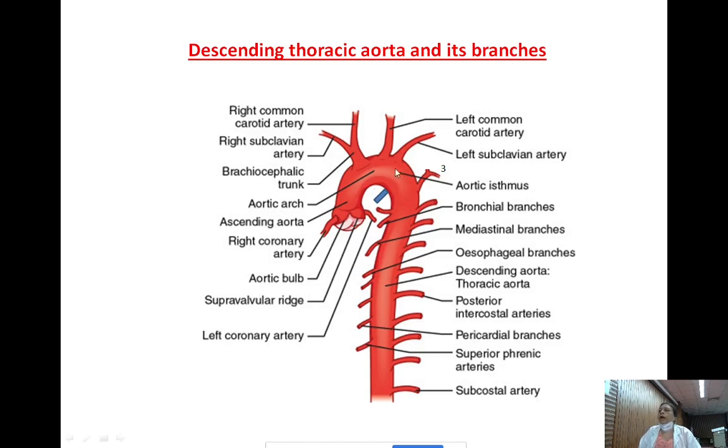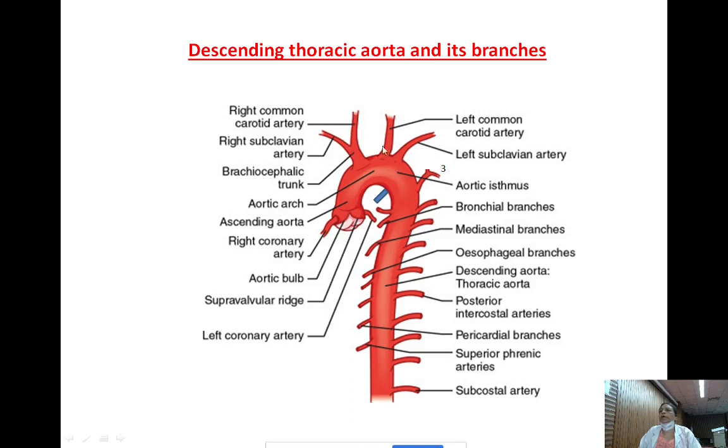Then the arch of the aorta gives three branches mainly. Sometimes it gives a branch from its inner aspect, known as the arteria thyroidea ima. Sometimes it is present, it is not always present. But these three trunks are the brachiocephalic trunk, which ultimately divides into the right common carotid and the right subclavian artery, then the left common carotid artery.